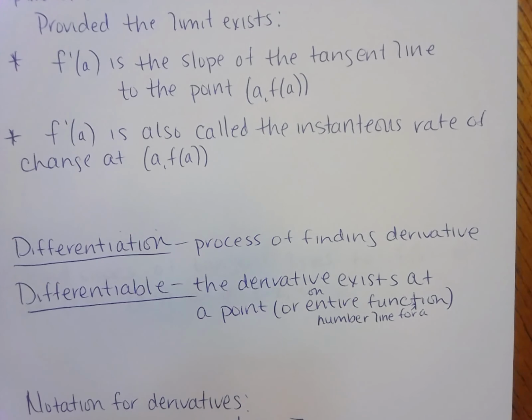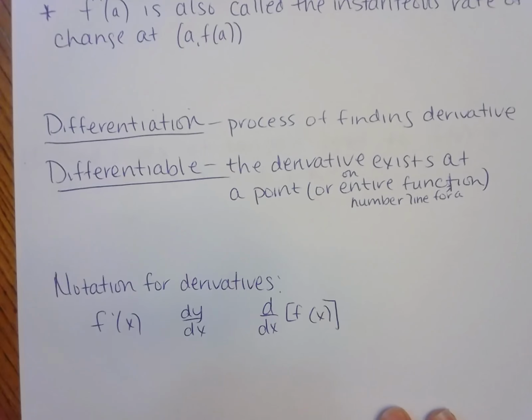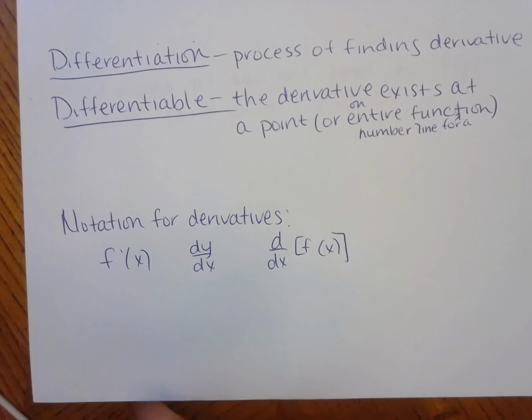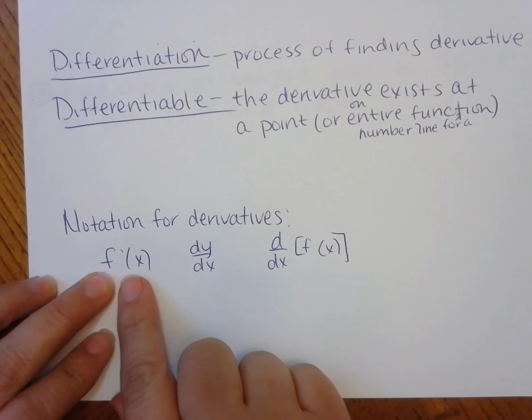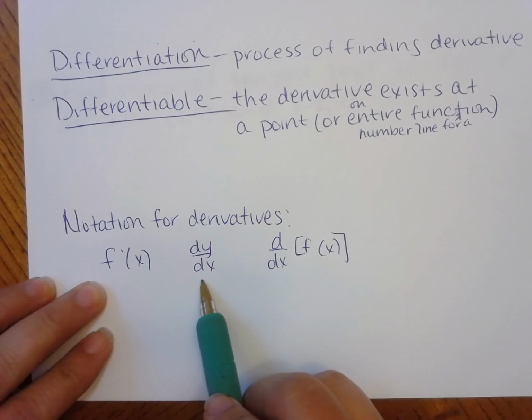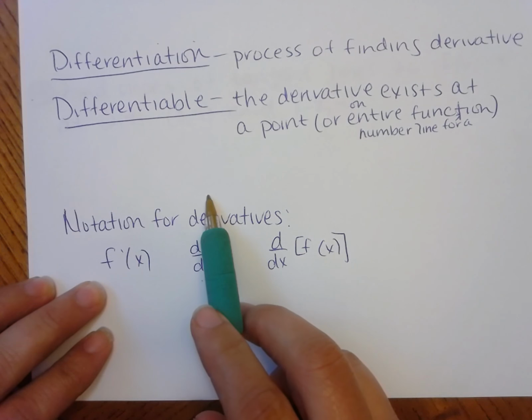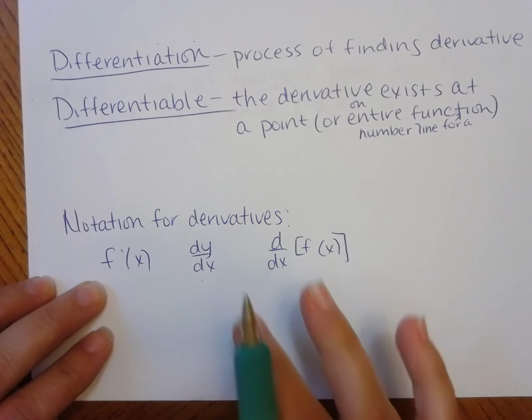Okay, so some common notations that we will use in this book are, as I've already said, the f prime notation. So this one is f prime of x is how it's said. And this one here is what we call Leibniz notation. And this is said dy dx. It means the derivative of y, the function, with respect to the variable x.